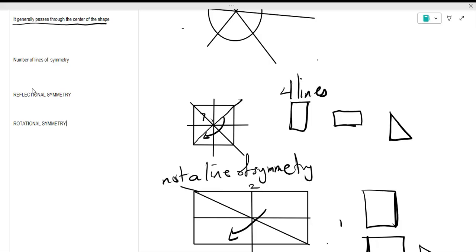I'm going to make a video about rotational symmetry. And there's also translational, or transformation symmetry. I think transformation symmetry is the general name. So we've talked about reflectional symmetry, but there's also rotational and then transformation symmetry. So I'll talk about it in the next video.